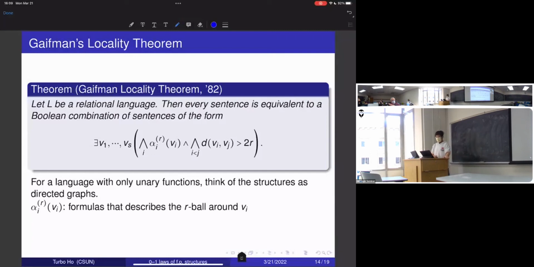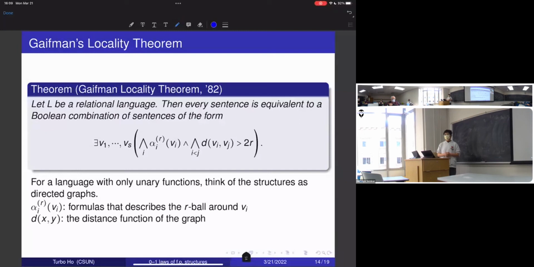Of course, d(x,y) is still just the usual distance on the graph. So this is a very strong way of saying that in this setting of unary functions, every sentence really is just telling you local information, and the local information needs to be far apart, otherwise they overlap and there's trouble.